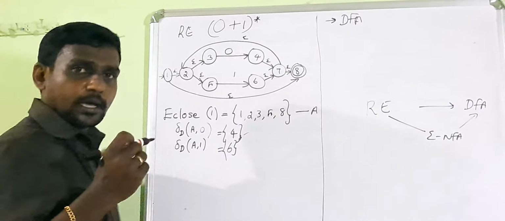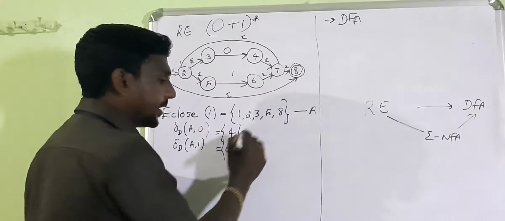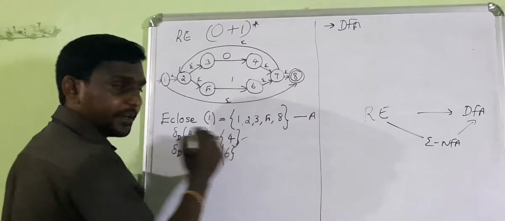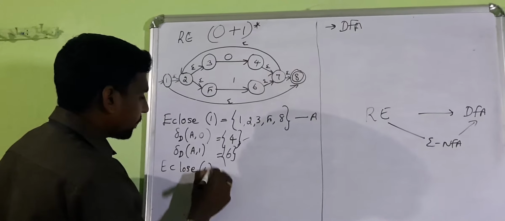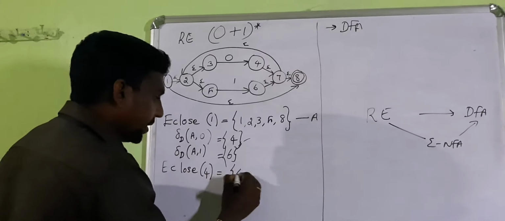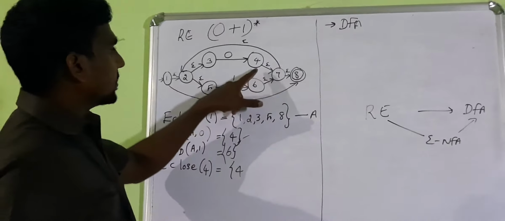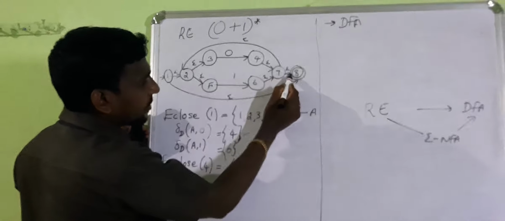That's why I ask you to take a pen, and a pencil, to put a tick while doing a problem in your university examination, because first you have to find the e-closure of 4. E-closure of 4 is equal to 4, which should be there. Okay, from 4 we have to check where epsilon goes directly. See, from 4 it goes to 7, 8, not only 8.